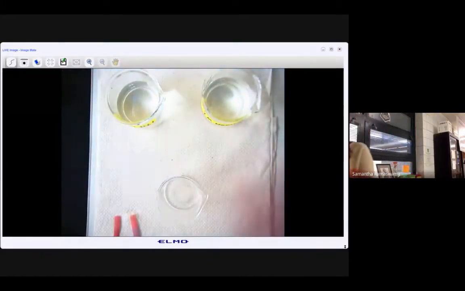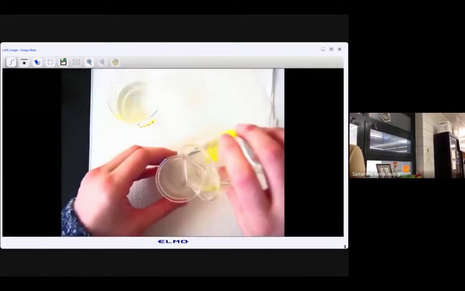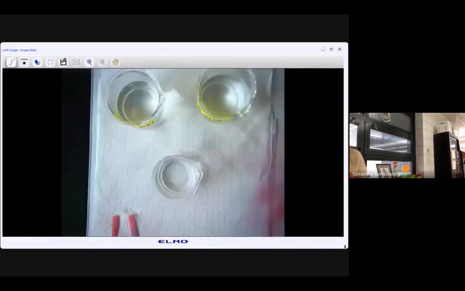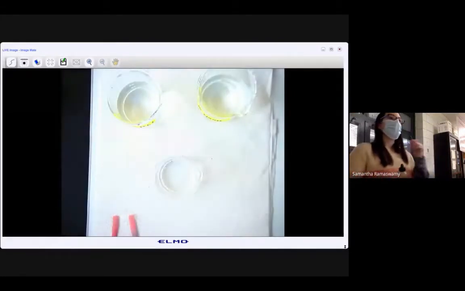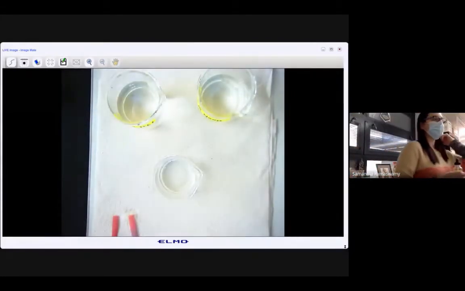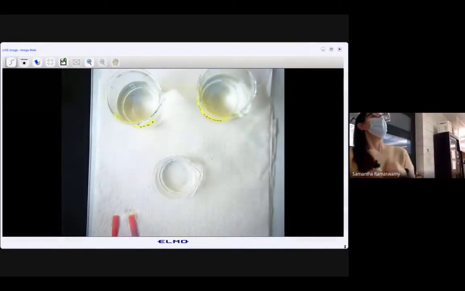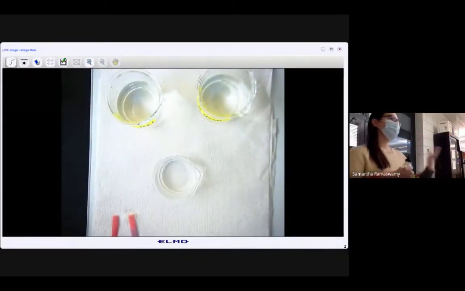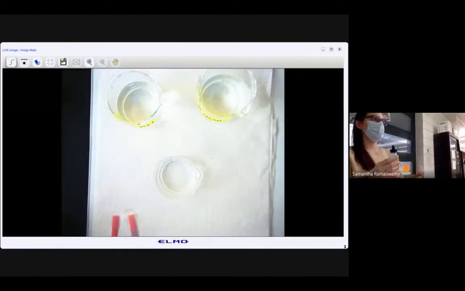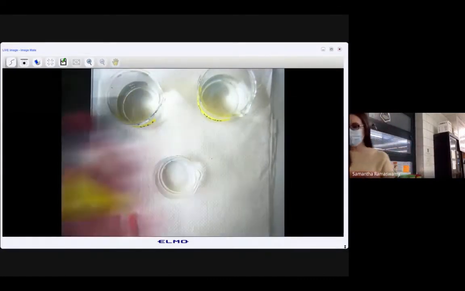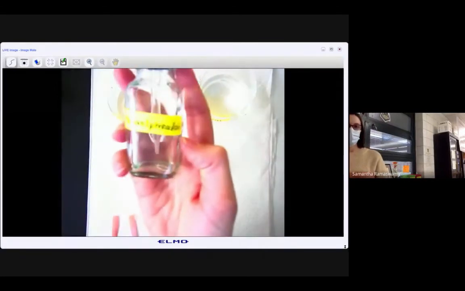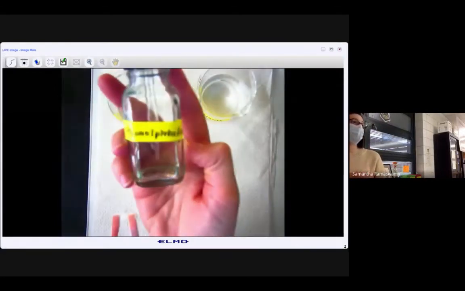Now, one other thing. I'm going to pour some of the NaOH into this little beaker. We're going to talk more about acid-base indicators later, but an indicator changes color based on whether it's an acid or a base, and every indicator is different. So I have this indicator, which is called phenolphthalein.